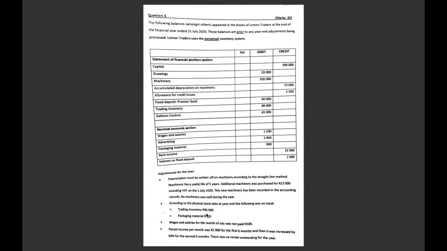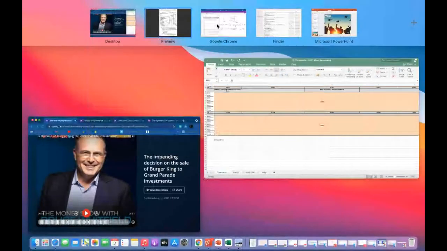Can you see that? 98, and here we have 96. Then packaging materials, they say 700 was on hand. Okay, what's going to happen to packaging material? Because here we have 900 as an expense for packaging material. Somebody tell me then in the chat, what are we supposed to then do in those instances?